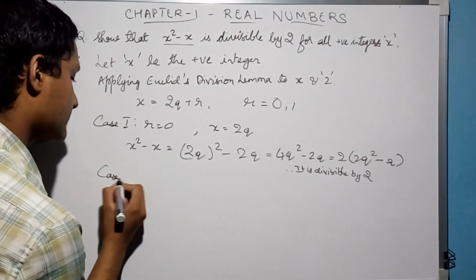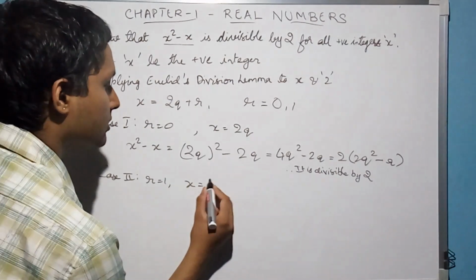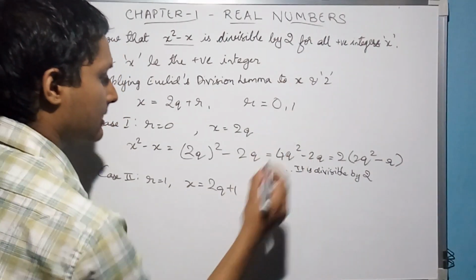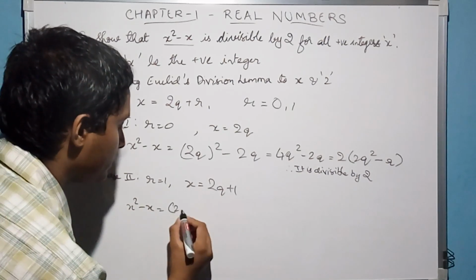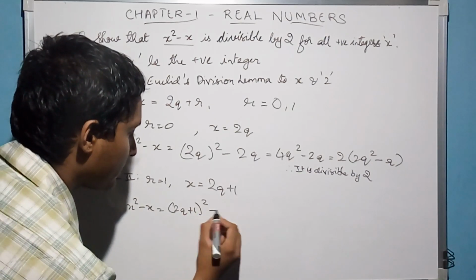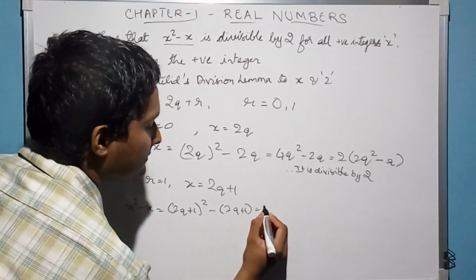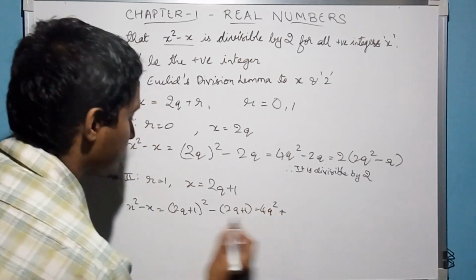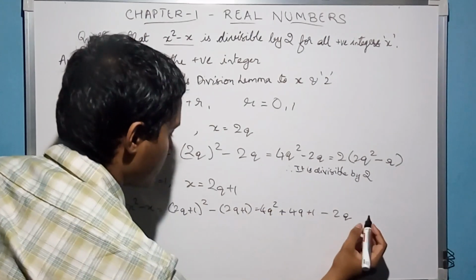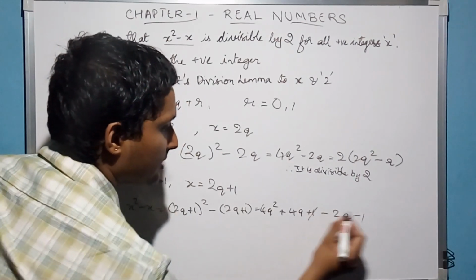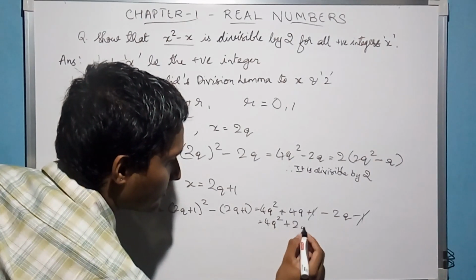In the second case, r is equal to 1, x is equal to 2q plus 1. Therefore x square minus x is equal to 2q plus 1 whole square minus 2q plus 1. 2q plus 1 whole square is 4q square plus 4q plus 1, minus 2q minus 1. Plus 1 minus 1 is cancelled. 4q square plus 2q.